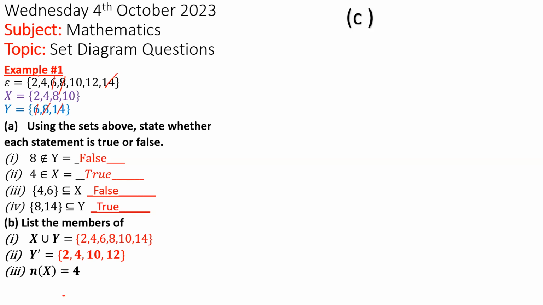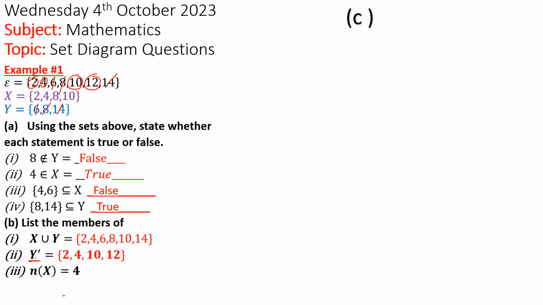So basically the only numbers I could have are 2, 4, 10, and 12. That's it, because any other is going to be in Y, and I don't want any elements in Y. You understand that? Whatever elements of Y you can have in any of the other sets, I cannot have in Y complement. I cannot have any of those elements that are in Y in Y complement.